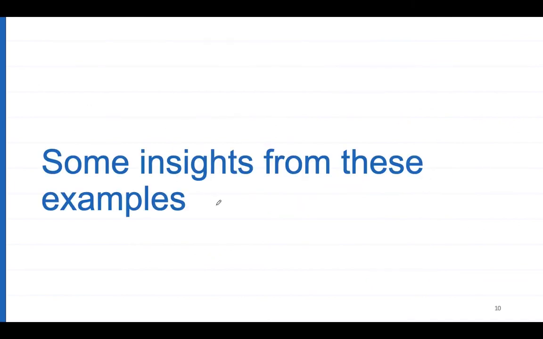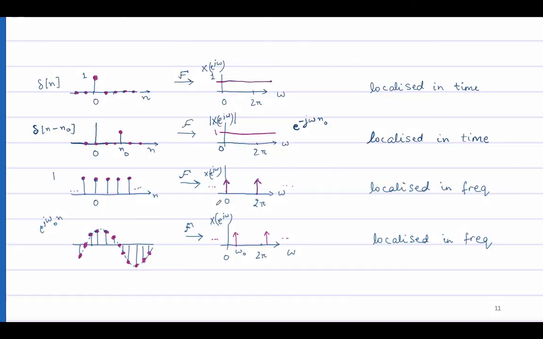Some insights from these examples. What all examples did we see? First we saw a delta function. It is localized in time, so it is sparse in time. Everywhere else it is 0, only non-zero at one instance. And the corresponding Fourier transform is basically everywhere.